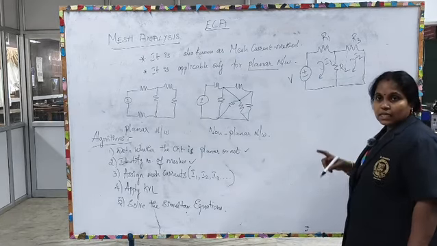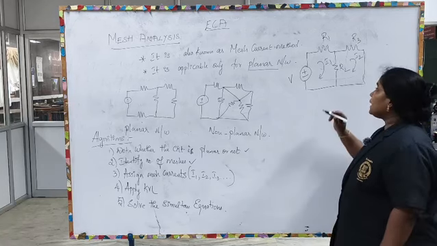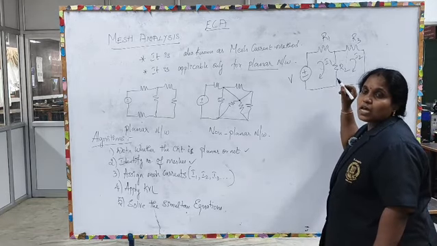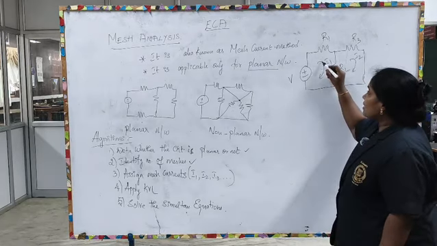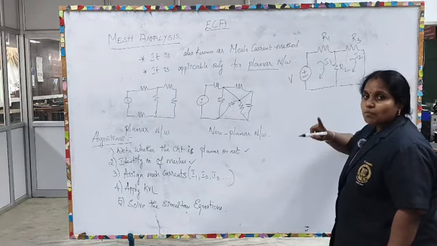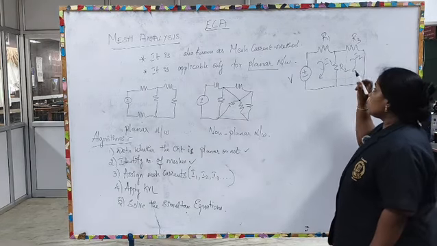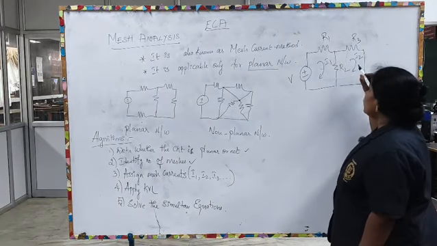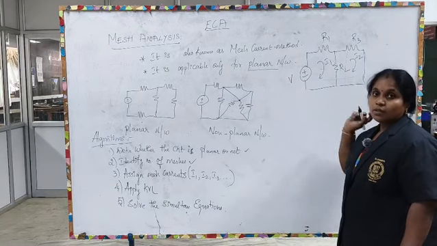While assigning the current direction, there is one constraint: the current direction assigned in the first mesh has to be followed in the second mesh. Here we have assigned the clockwise direction, and the same has to be followed in mesh 2. So I have assigned both mesh currents I1 and I2 in the clockwise direction with respect to the source.